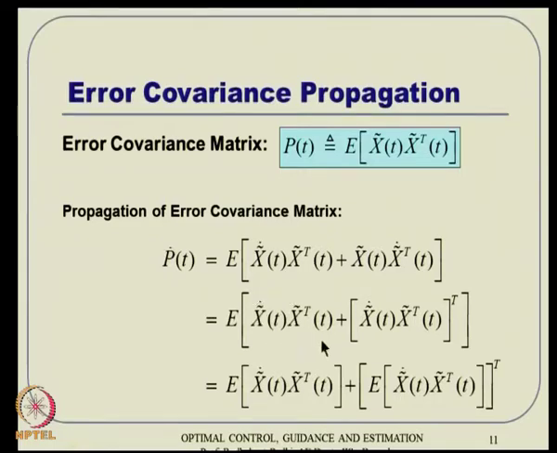This part I will keep as it is, but what about this? If I alter these two, then take the whole transpose and take the expected value inside, it turns out to be the expected value of this plus the expected value of the same thing transposed. So, if I get the expected value of this, I do not have to recompute it, because it is the same thing with a transpose.